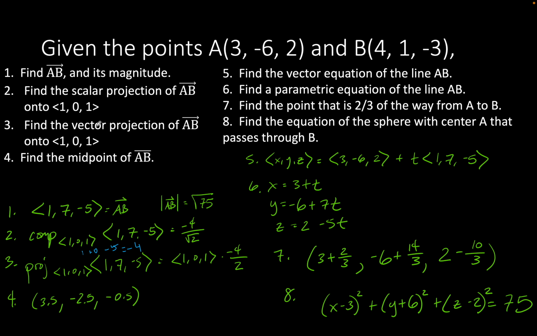In part 3, we are asked to find vector projection of the vector AB onto 1, 0, 1 again. Oh, this time it's vector. Got it.